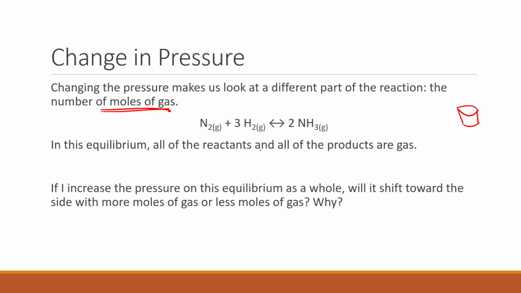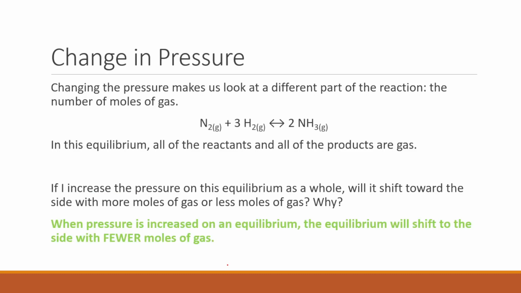When we're looking at the amount of space something takes up, we're really looking at how much gas there is. There's not much you can do to compress a solid. There's not much you can do to compress a liquid, but you can absolutely compress a gas. So if you increase the pressure on an equilibrium, it will shift towards the side with fewer moles of gas.